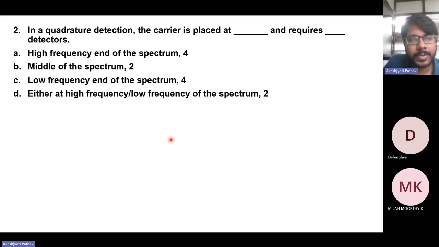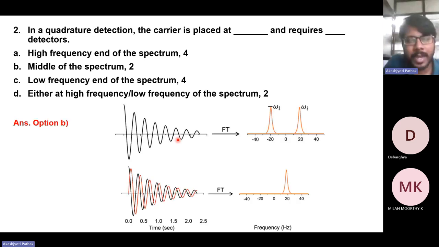If you see this, as we were discussing, the Fourier transform of this cosine component will give us two frequencies, minus omega I and plus omega I. So the Fourier transform always gives us these two components. These two frequencies produce a mirror image across this zero line.